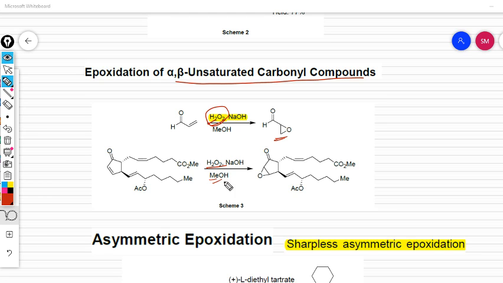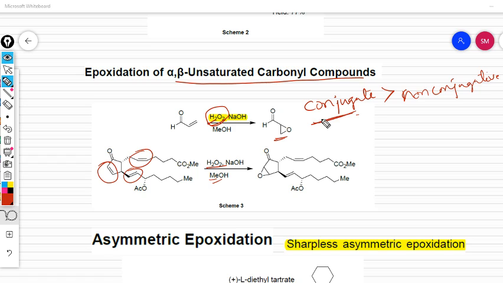With the usage of hydrogen peroxide in basic conditions, this is non-conjugated, and this is conjugated. With hydrogen peroxide, conjugated olefins are more reactive when compared to non-conjugated. So be careful, it has a selectivity for conjugation. Only the conjugated olefin is going to epoxidize.